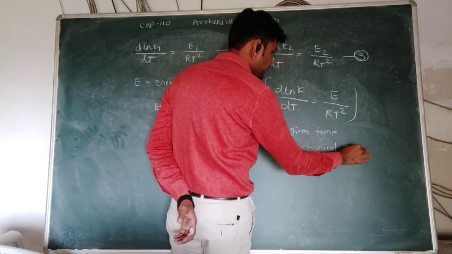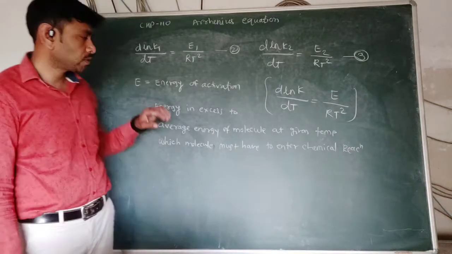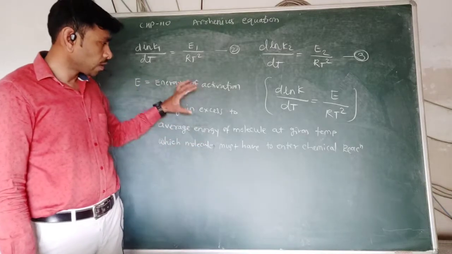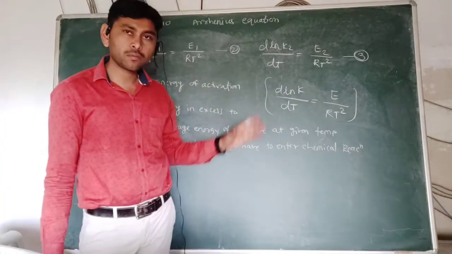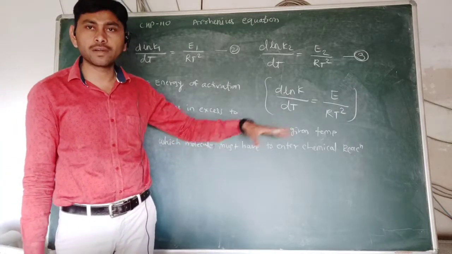So this is the activation energy. Energy of activation we define in this way. So energy of activation is the energy in excess required for a molecule than the average energy of all the molecules at given temperature.